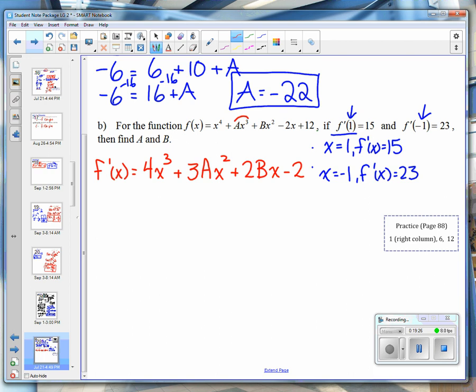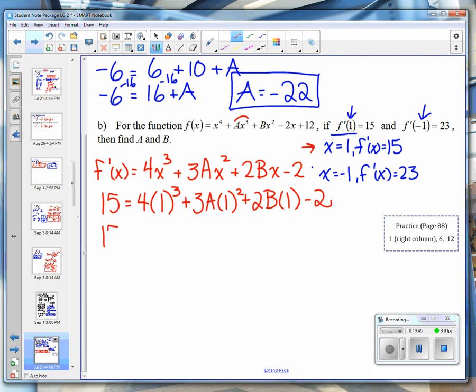All right, so let's take a look at my first equation there. I know that 15 is equal to everything when x is equal to 1. Okay, and obviously now we just want to simplify this.